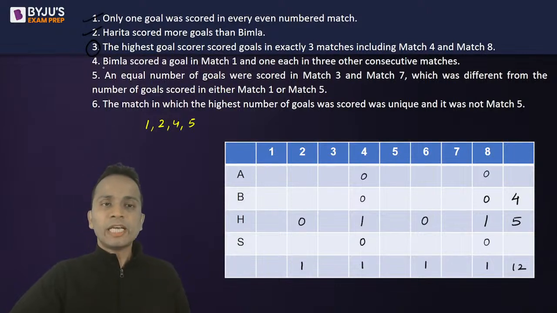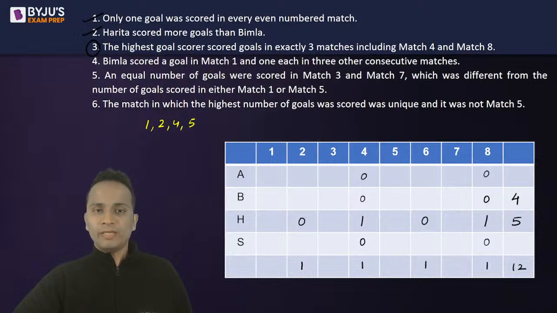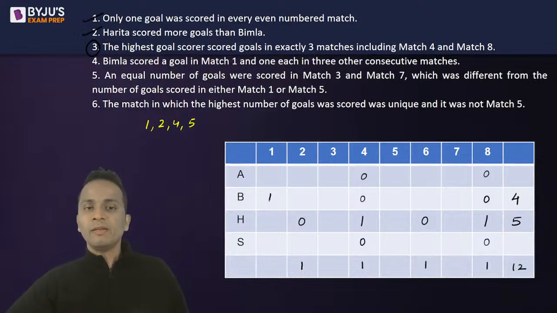Now moving on to statement number 4. Bimla scored a goal in match 1 and one each in 3 other consecutive matches. It cannot be 2, 3, 4 because Bimla has scored 0 in match number 4.